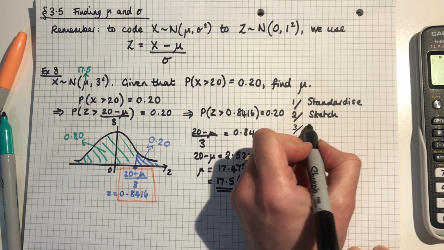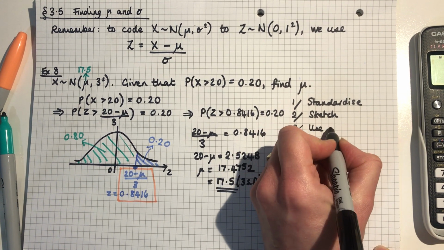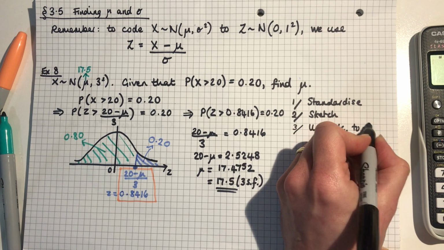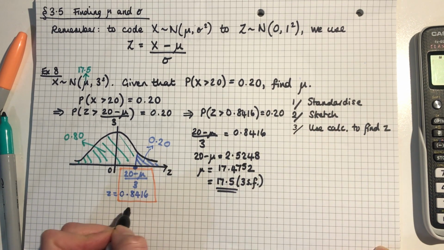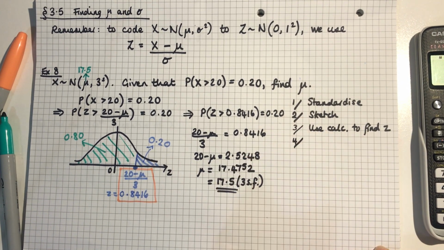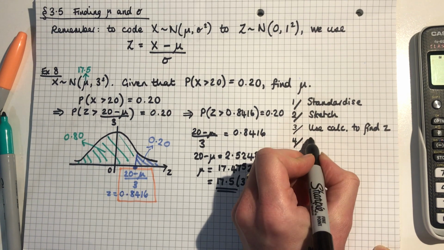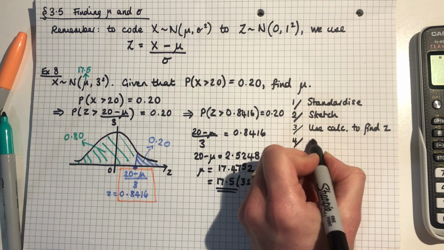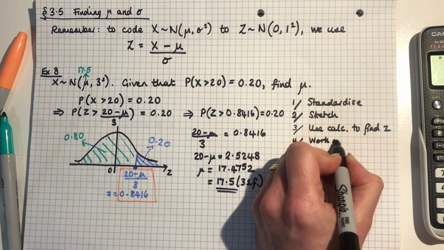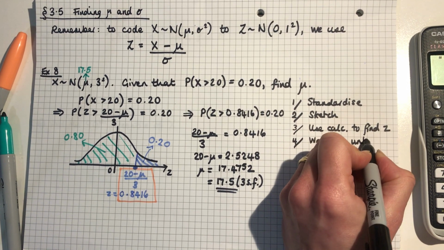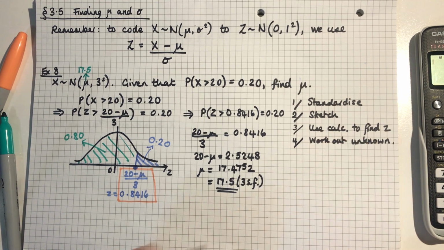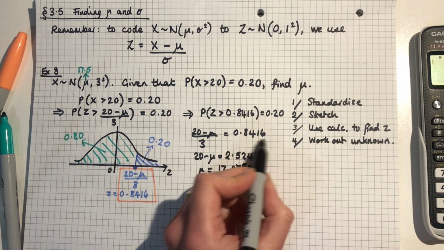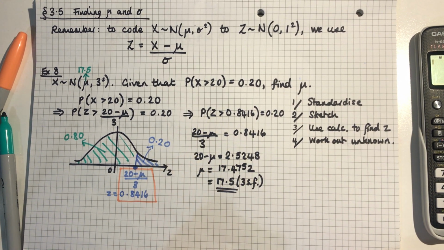Thirdly, we used the calculator to find the Z value in question. And fourthly, we undid our original calculation. We work out the unknown, and that was by equating the value of Z with the calculation for Z.